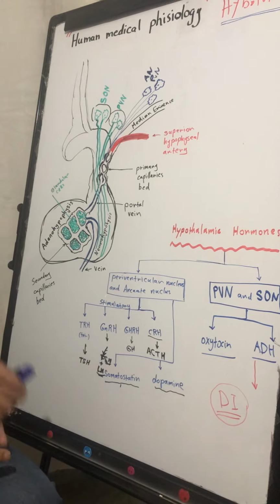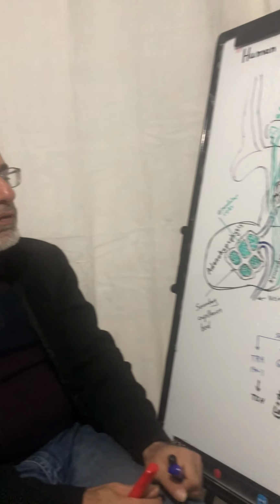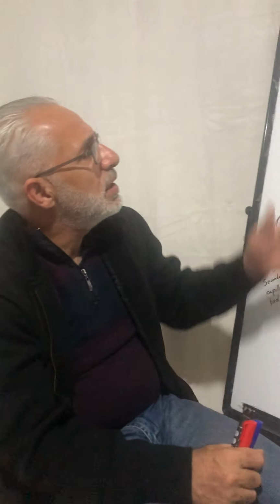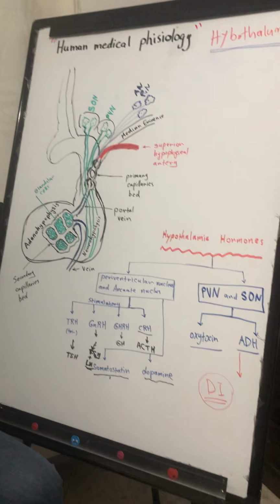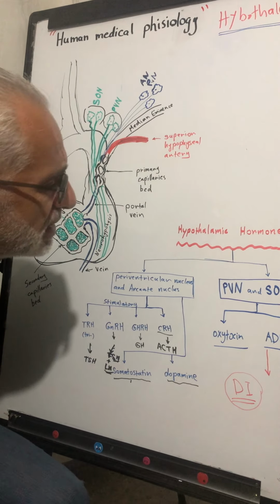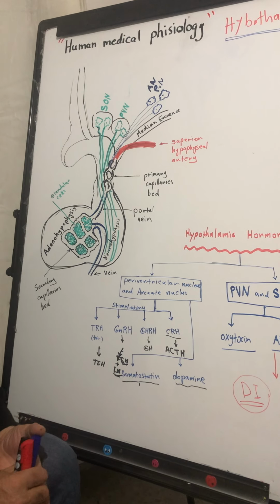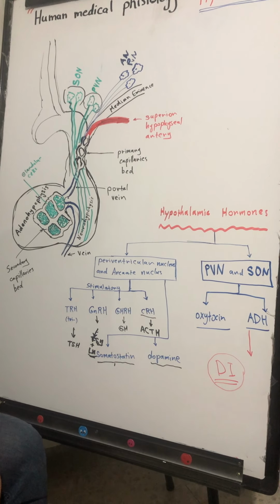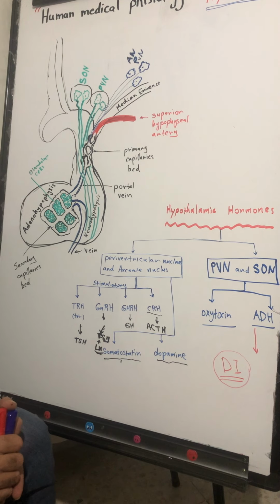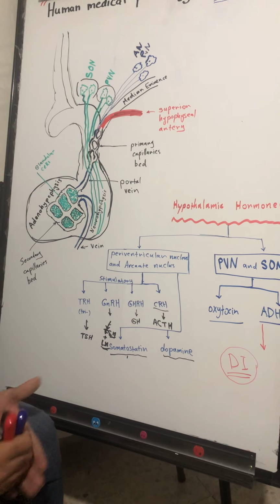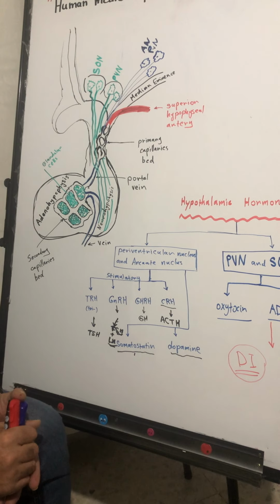The central form, when there is a lack or decrease of antidiuretic hormone due to destruction or lesion in the supraoptic nucleus or paraventricular nucleus, mainly the supraoptic nucleus. And the nephrogenic diabetes insipidus, when there is an adequate amount of antidiuretic hormone, but there is no affinity of its receptors in the nephron.